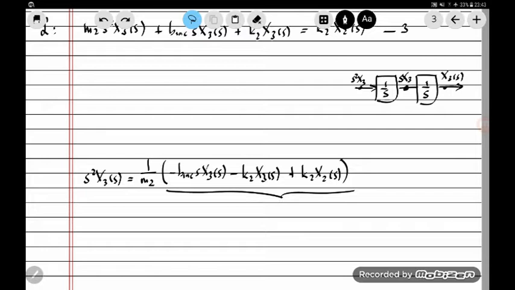If we modify our diagram, here must be 1 over m2. I'm going to have to save some more space here. 1 over m2 times this sum of signals.